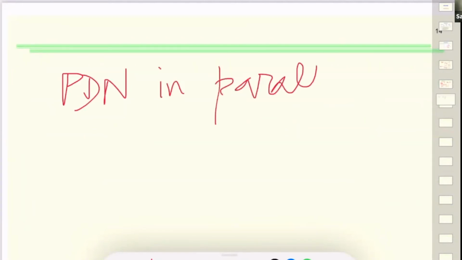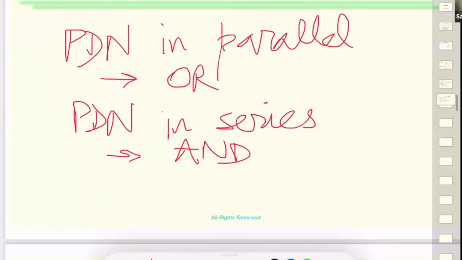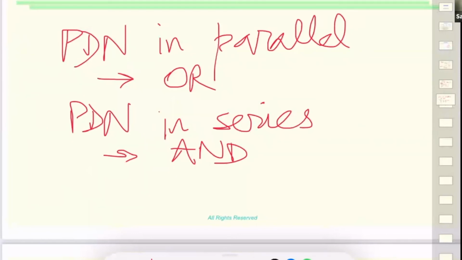So PDN in parallel would form OR, and PDNs in series would form AND. So in parallel, one high input would result in a high at the output because it will be conducting.